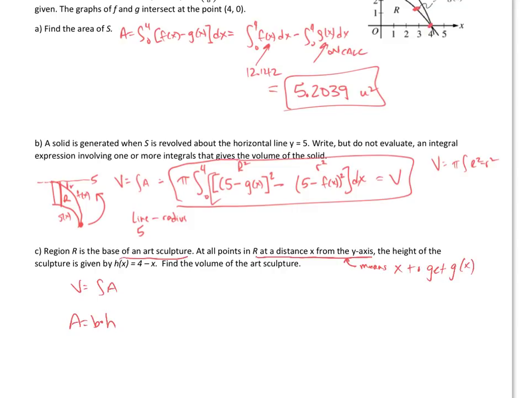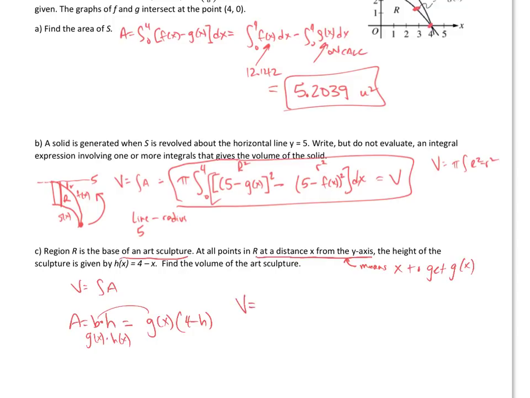So the area is the base times height, which in this case is going to be our g of x, and the height h of x is 4 minus x. So this is g of x times h of x, the way we have to think about this.